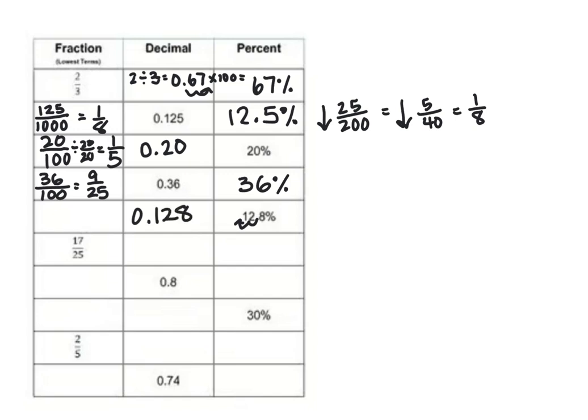128 thousandths. Okay, then I want you to write that as a fraction, and then you can use your fraction button on your calculator to simplify 128 thousandths. I'll give you a minute to do that.